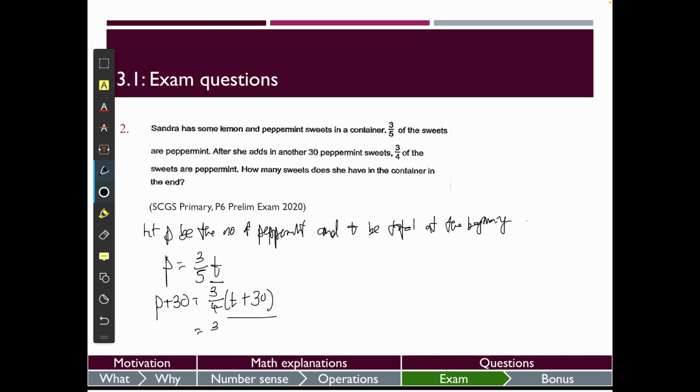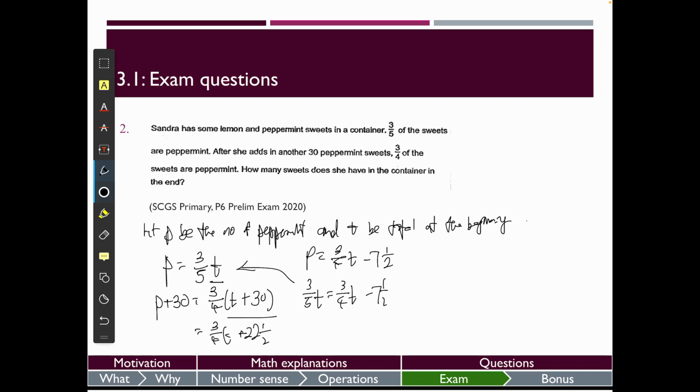And this is 3/4T plus 22.5. So P is 3/4T minus 7.5. Okay. So since P is 3/5T, you can say 3/5T equals 3/4T minus 7.5.